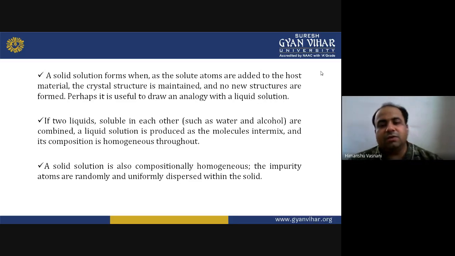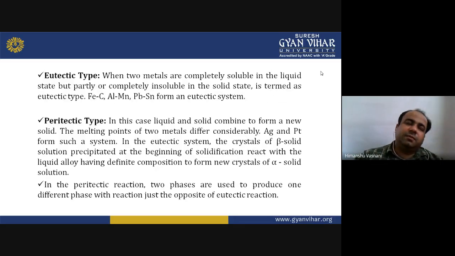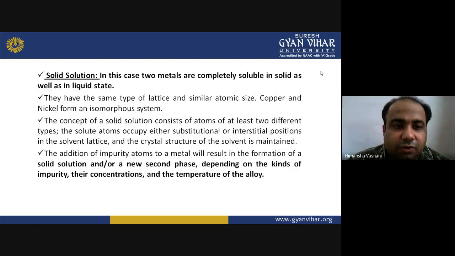Alcohol is one color, water is another color, but when you mix them, the molecules intermix and the composition is homogeneous throughout. A solid solution is also compositionally homogeneous. The impurity atoms are randomly and uniformly dispersed within the solid. So these are some properties of solid solutions.